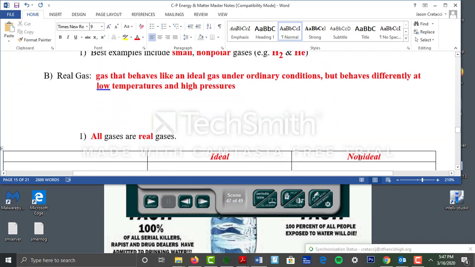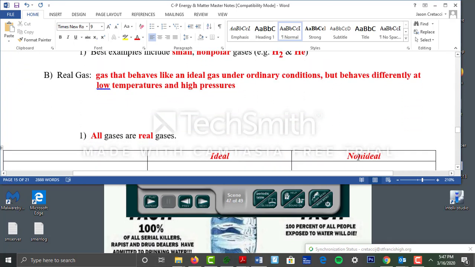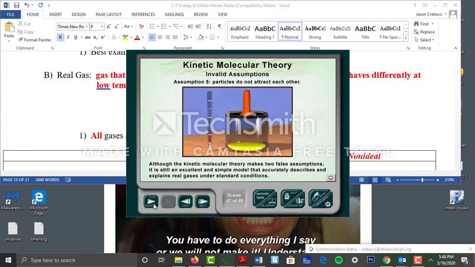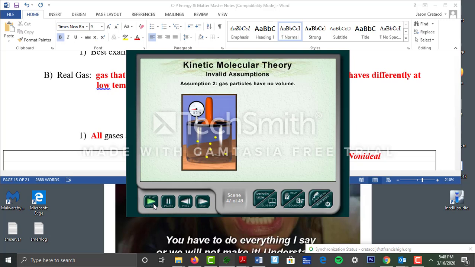Now, all gases are real gases because they behave ideally under most conditions, but they behave differently under low temperature and high pressure. Let's take a look at why that is. The kinetic molecular theory assumes that ideal gas particles have no volume, although they actually do have volume.